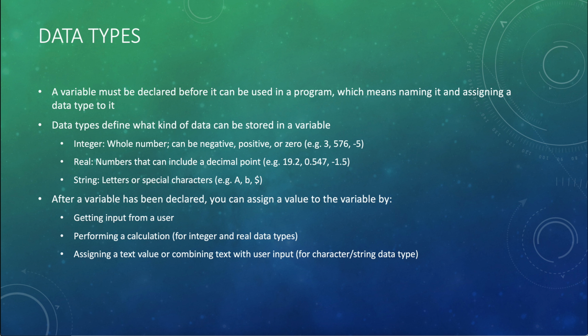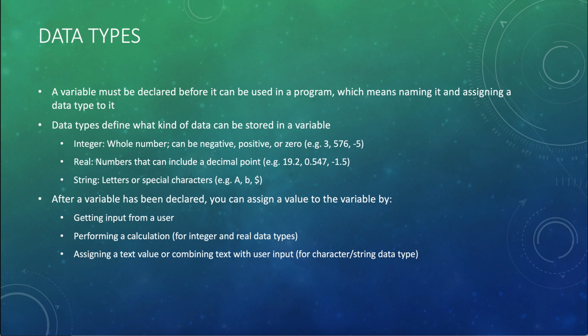Or finally, you can assign a text value or combine text with user input for character string data types. So in this case, you would be assigning some sort of text value, basically saying this variable equals this text value.